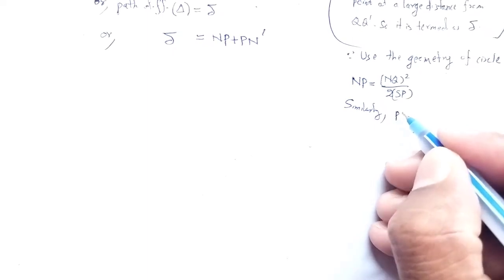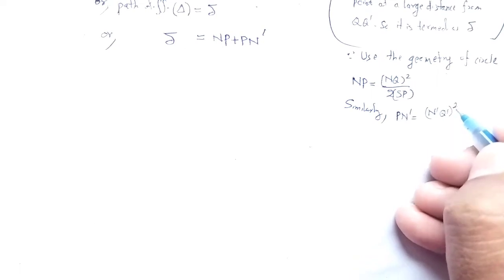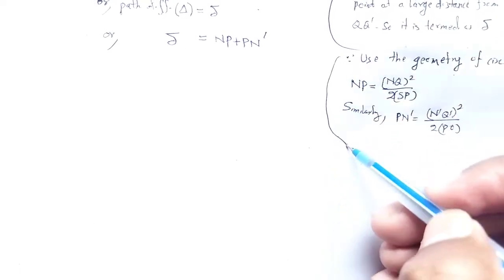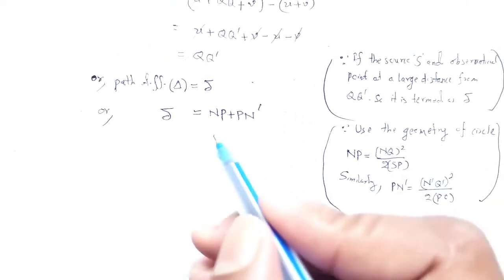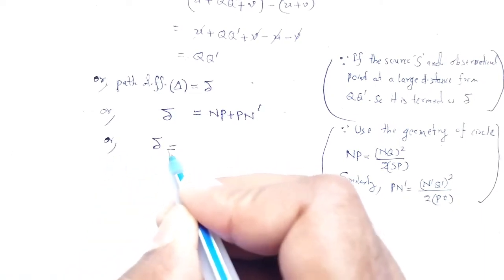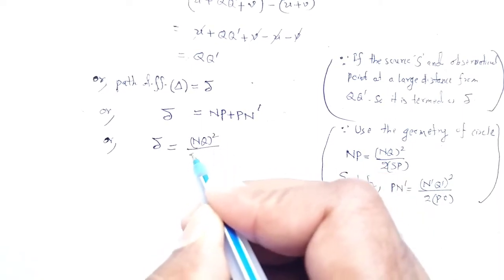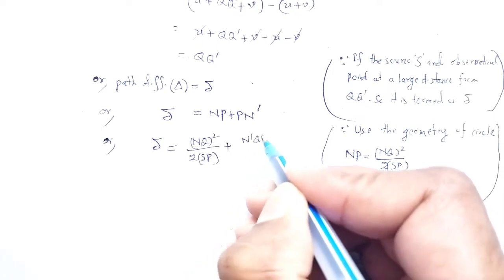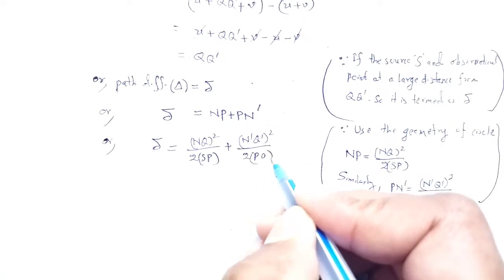We obtain PN dash equal to N dash Q dash squared divided by 2PO. Now the values are put here. The path difference delta is equal to NQ squared divided by 2SP plus N dash Q dash squared divided by 2PO.